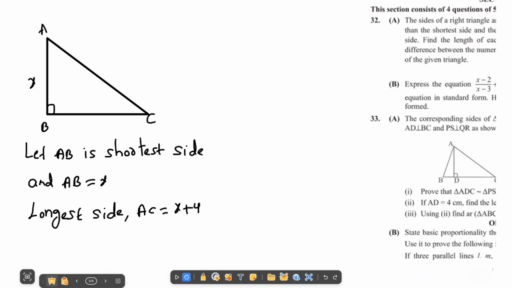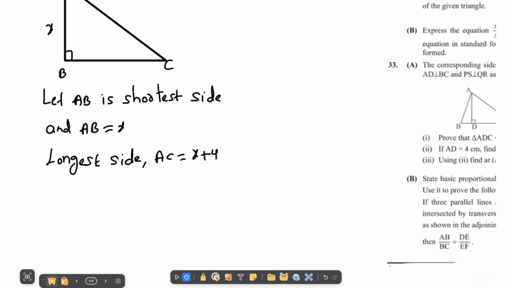And the third side, BC, is 2 meters less than the longest side.